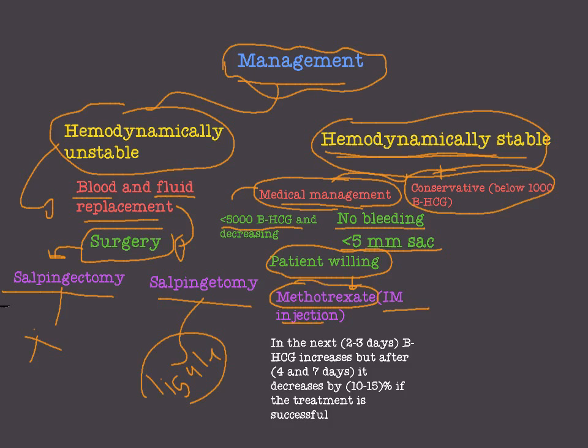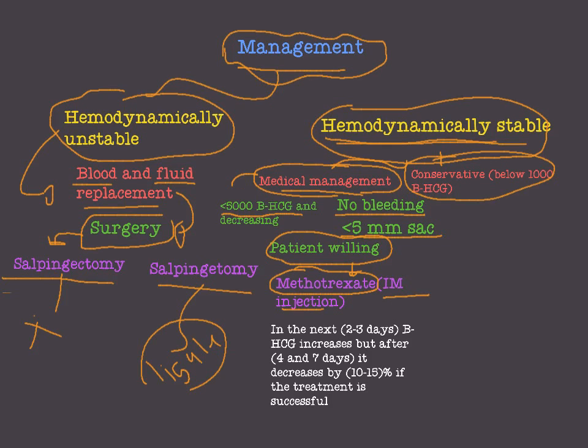And how do we follow up the IM injection of methotrexate? In the next 2 to 3 days, you should expect beta HCG levels to increase. But at 4 and 7 days, we have to do a beta HCG test, and it should decrease by 10 to 15% if the treatment is successful. So in the first 2 to 3 days, beta HCG levels will increase.